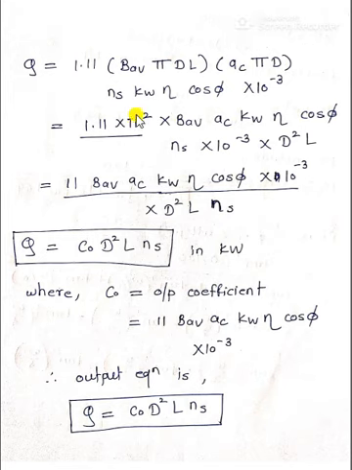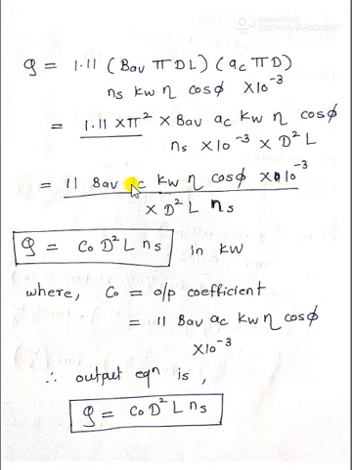Now what we do, 1.11, this pi gets squared, pi square, then B average ac kW efficiency cos phi ns into 10 raised to minus 3 into d gets squared, d square L. So this 1.11 into pi square becomes 11.